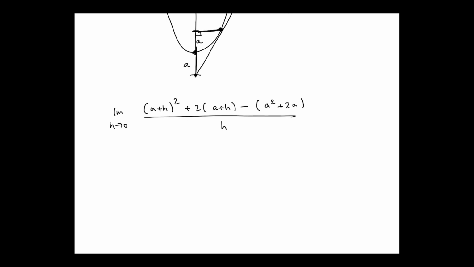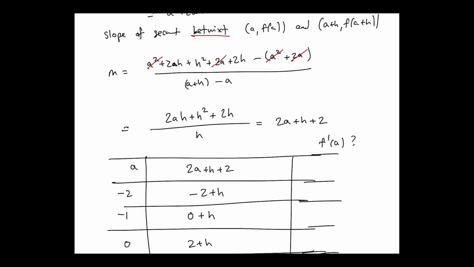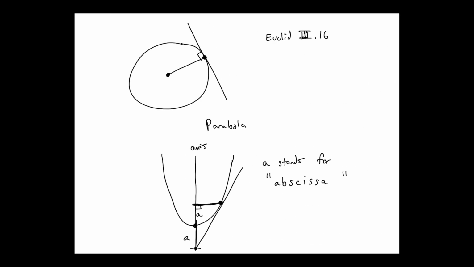Yeah, it'd be the limit as h goes to 0 of (a plus h) squared plus 2(a plus h) minus (a squared plus 2a), all over h. Well, we've already computed what this simplifies to. What did we get? It was over here: 2a plus h plus 2.